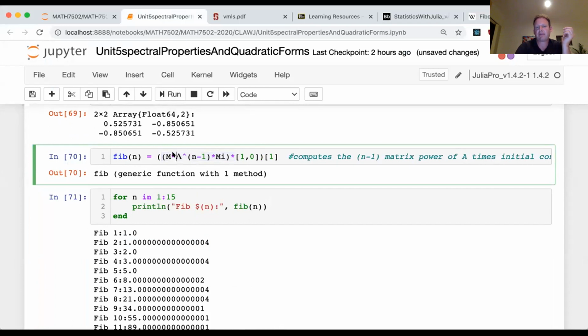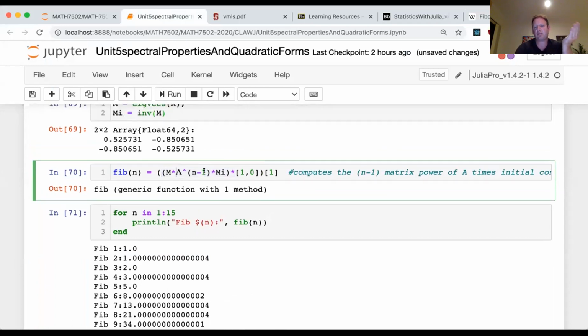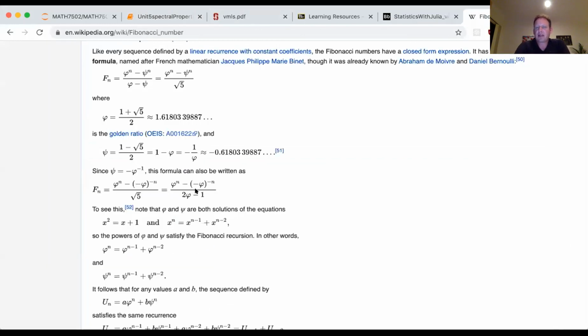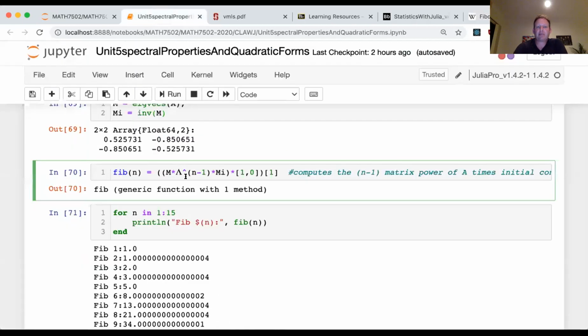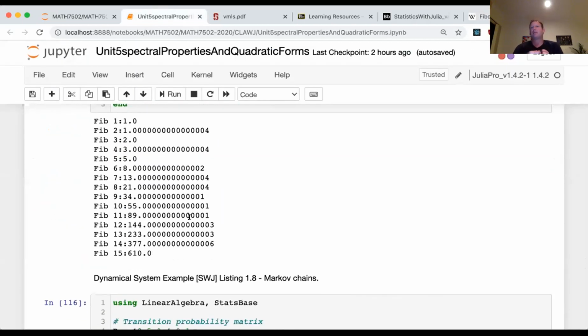For lambda, you have the eigenvalues analytically, and you take the n minus first power. You do a bit of algebra. I did this in class last year and students did it as well, and you get the formula for the nth Fibonacci number. It's a bit of work, but I suggest working with it. Here, the golden ratio is psi, which is 1 plus root 5 over 2. So that's an example of working with a dynamical system.